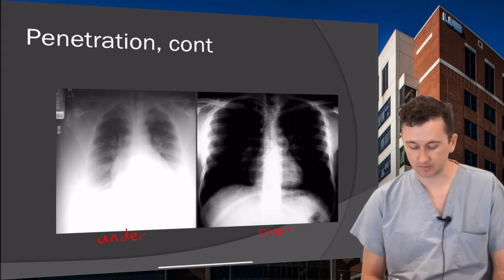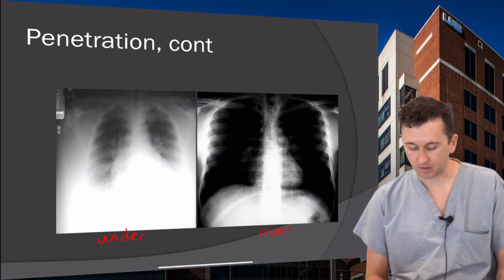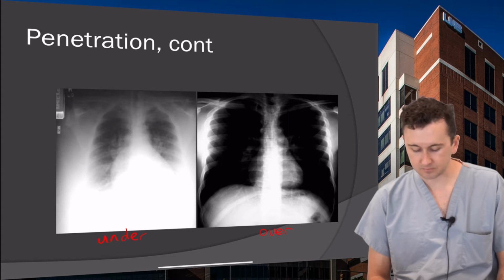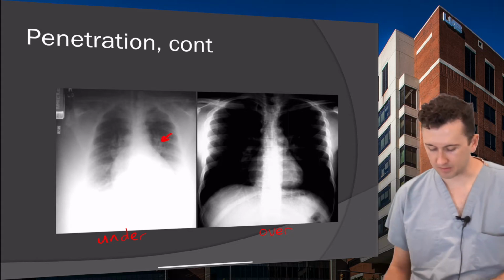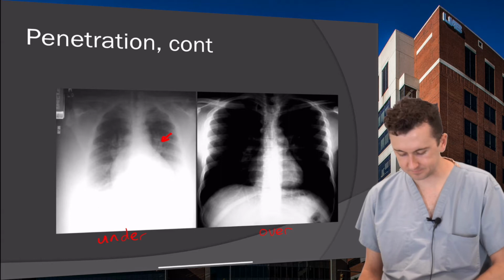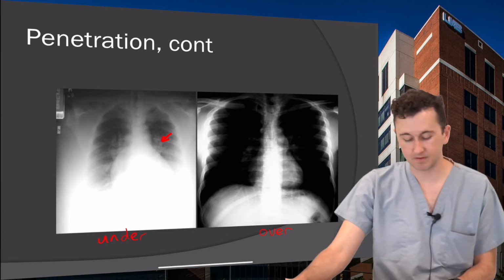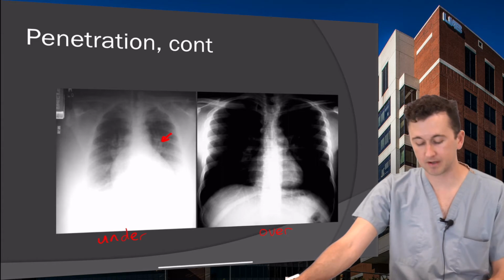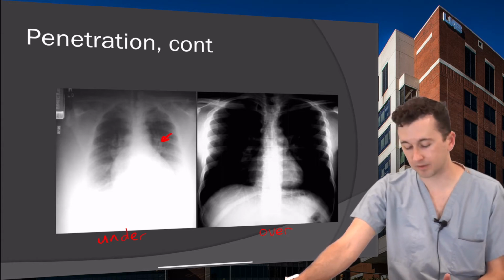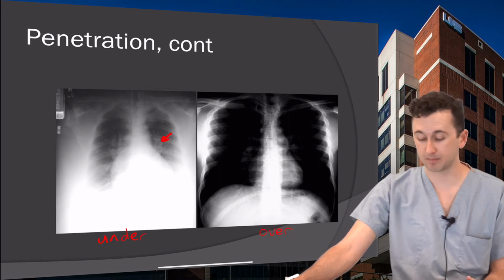What I mean is, look, the big thing here is these pulmonary vessels. These pulmonary vessels are much more prominent if the film is not appropriately penetrated. Whereas if this was a normal film and you had big, large pulmonary vessels like that, it is probably pathological.